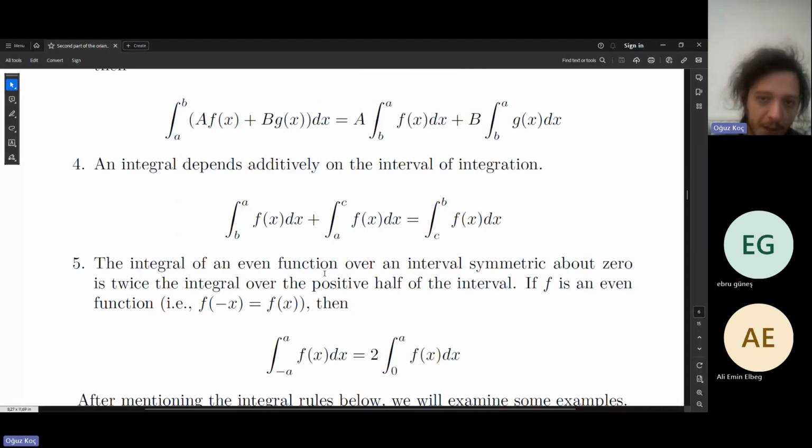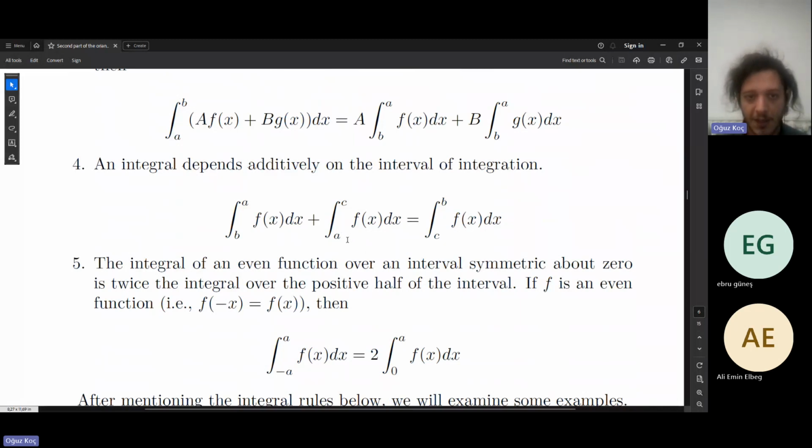What we are talking about here is, if you have two integrals and the functions are equal to each other, and the upper bound of the first integral and the lower bound of the second integral are equal to each other, we can write it as the integral of f of x by changing the upper bound.